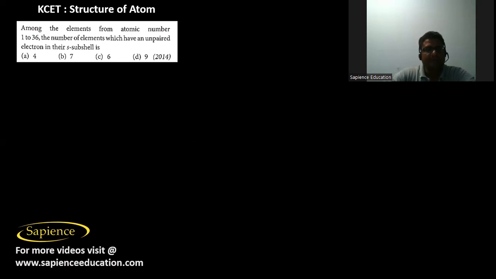Then among the elements from atomic number 1 to 36, the number of elements which have an unpaired electron in their s subshell is.